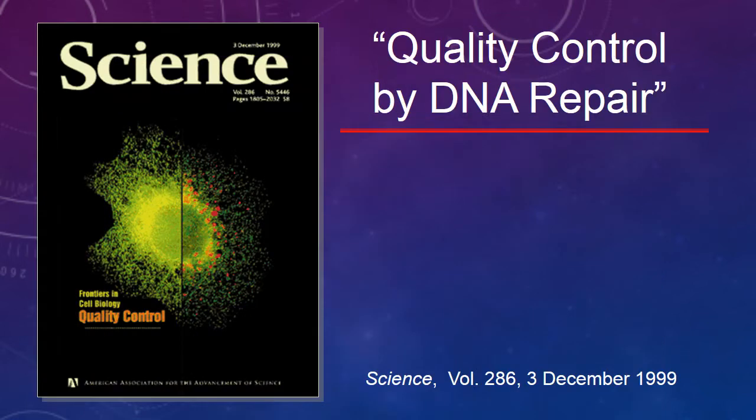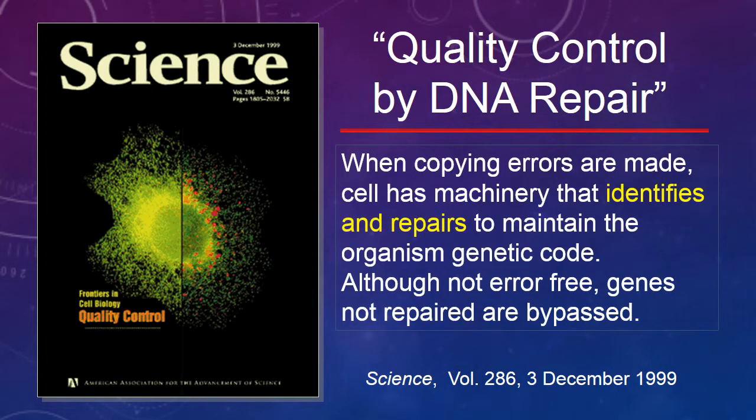Now, whenever it duplicates, there's a quality control. And Science, one of the premier peer-reviewed journals in America, said this: when copying errors are made, the cell has machinery that identifies and repairs them to maintain the organism's genetic code. Very important because you don't want errors to come in.